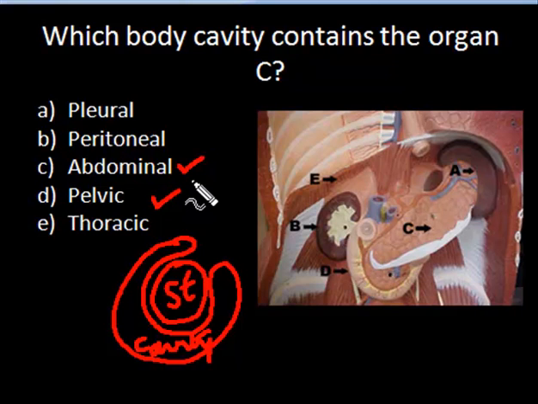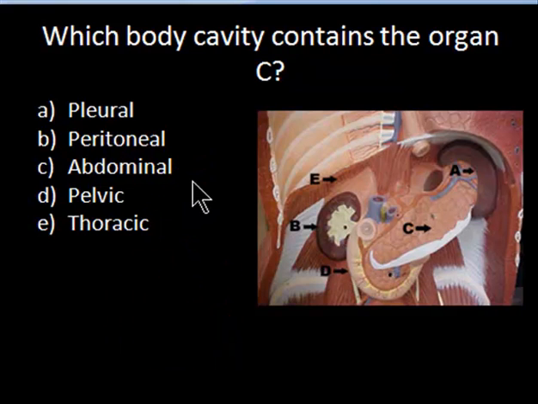So that's again very important for you to understand that the serous cavities, which are the peritoneal, pleural, and pericardial, only surround the organs, and the organs do not lie in them. The organs lie in the ventral or the dorsal body cavities. Okay? So please look at the questions in this manner whenever you're answering any of them. Make sure you look at all the choices and select the best possible choice.